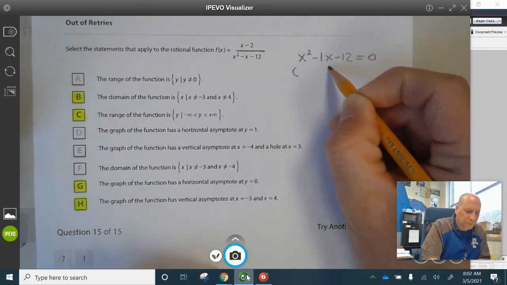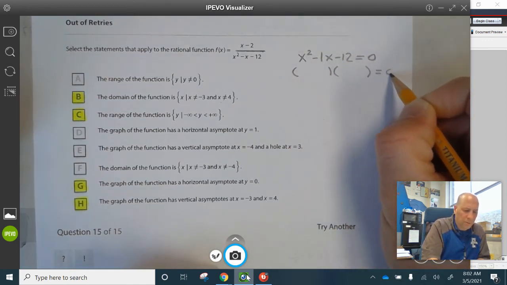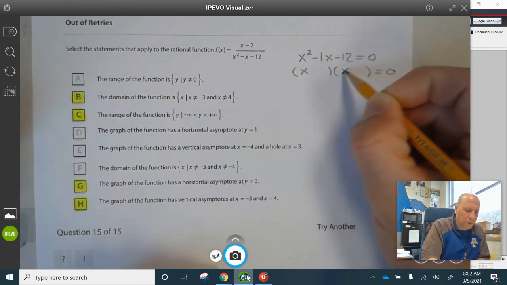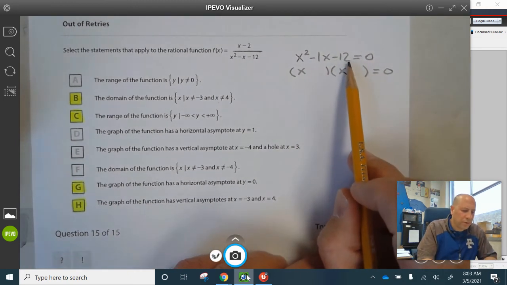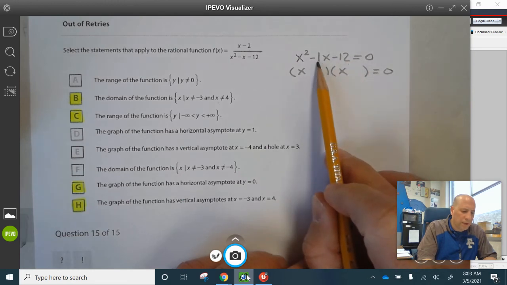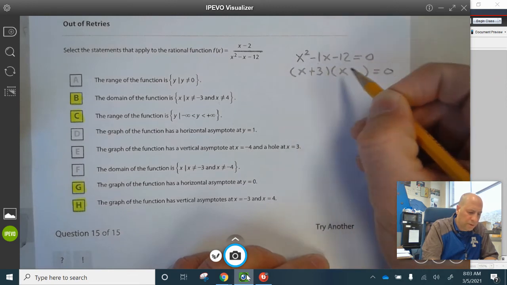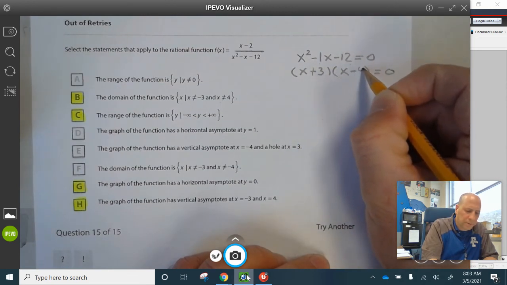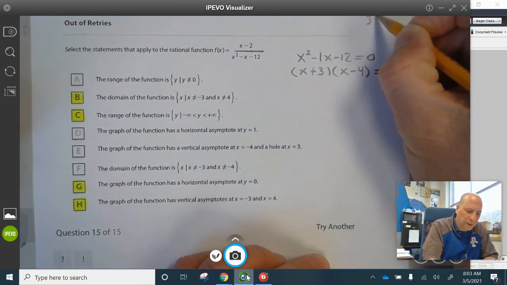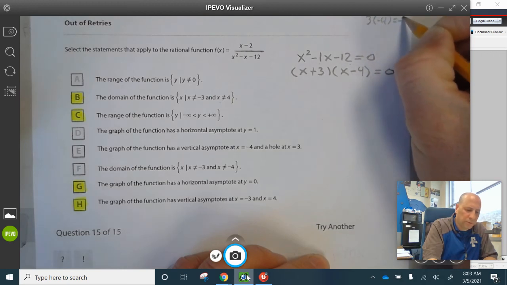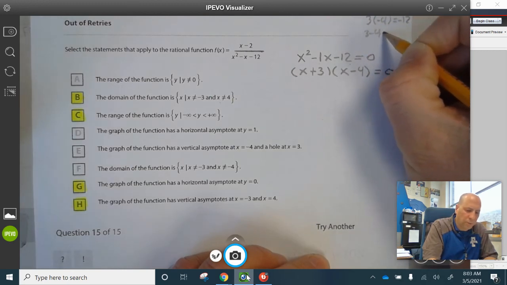We're going to factor. Now, we need to find out what numbers multiply to give you -12 and combine to be -1. Well, the answer to that is x plus 3 and x minus 4, because 3 times -4 is -12, and 3 minus 4 is -1.